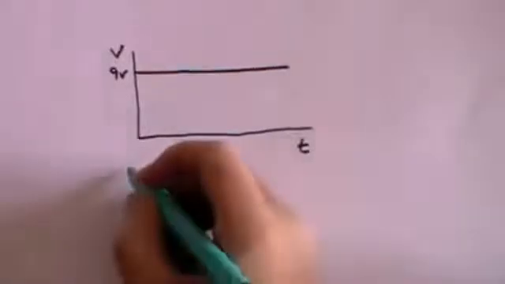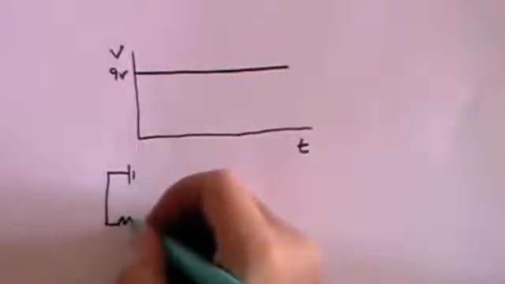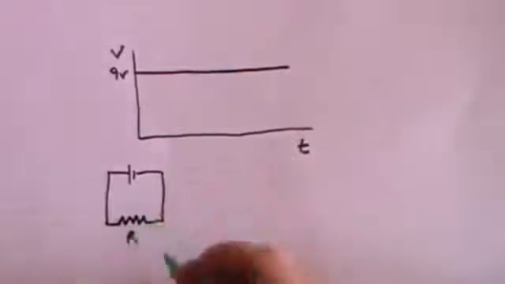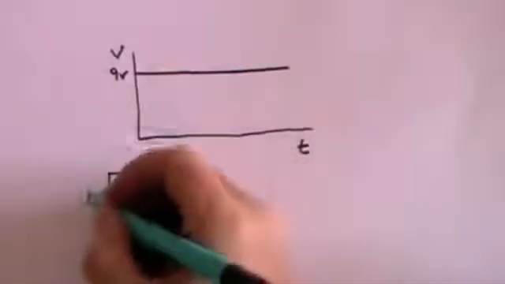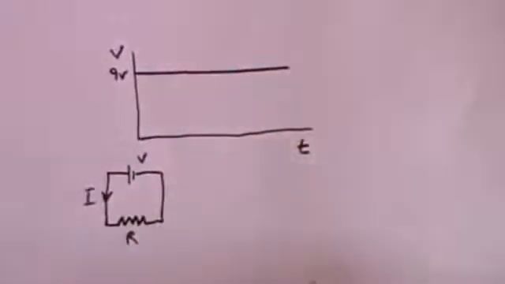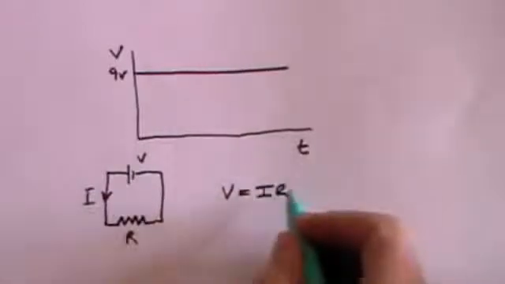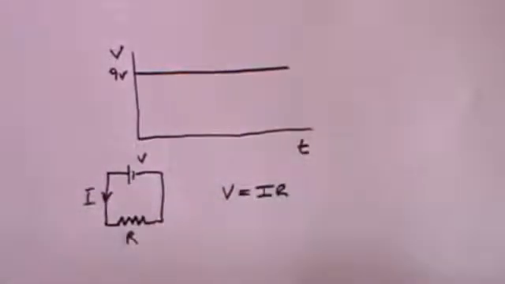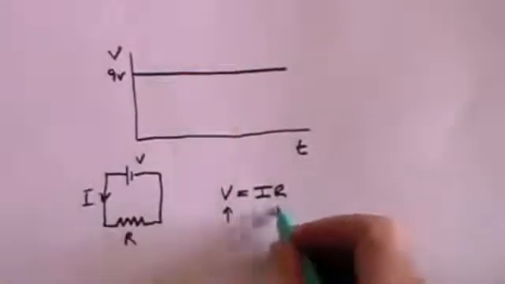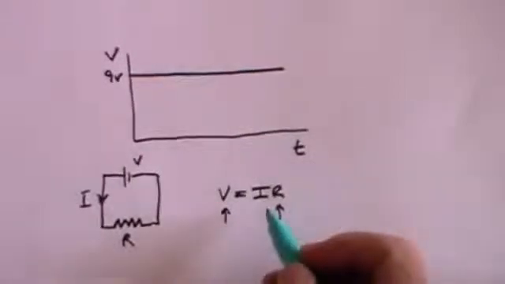If you then put that battery across a resistance, R, then a current will flow. That current is determined, this battery has voltage V. That current and the voltage are related by Ohm's law, V equals IR. And so if the voltage is constant, and of course the resistance is constant, then that means the current is constant.